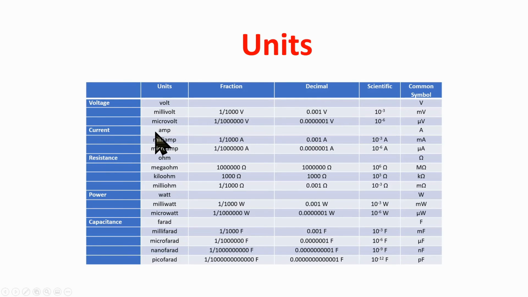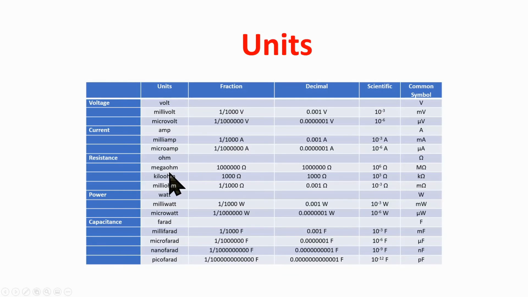If we look at current, amp is the main one. The two we'll run into are milliamps and microamps. Now, these are the symbols, again, on this side, and these are the representations. Resistance, we'll run into ohms, mega ohms, which is 1,000,000 ohms, or 10 to the 6th ohm, with a capital M. We may run into kilo ohms, which is 1,000 ohms.